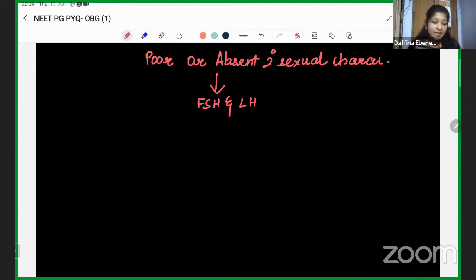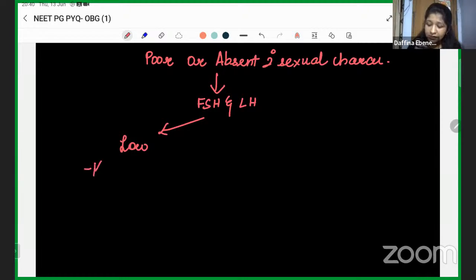FSH and LH. If the FSH and LH are going to be low, as we already discussed, that is going to be some form of pituitary or hypothalamic insult that is causing the low FSH and LH. It's not working at the higher levels. You're not even having the stimulus from above that is going to produce your hormones, and that leads to secondary sexual characteristics development. So where do FSH and LH be low?